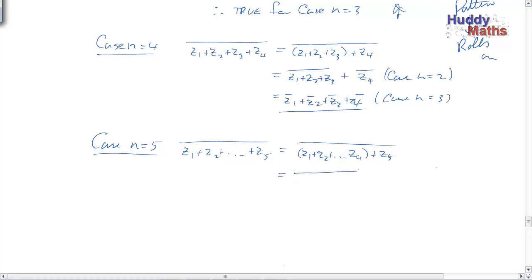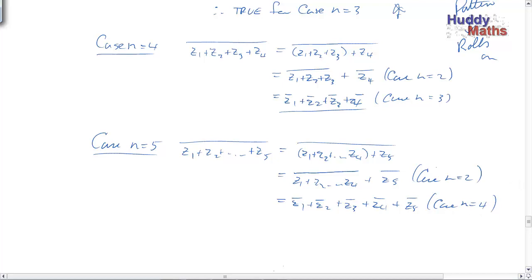So this is the conjugate of this one up to 4 plus this one, and that's case n equals 2, and then this one can be split because it was already established here, and the reason for doing that is case n equals 4 from before.